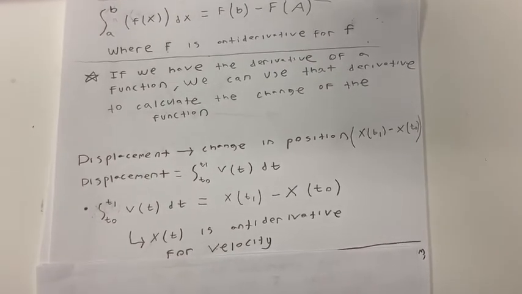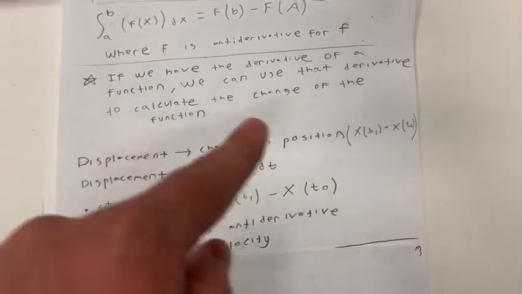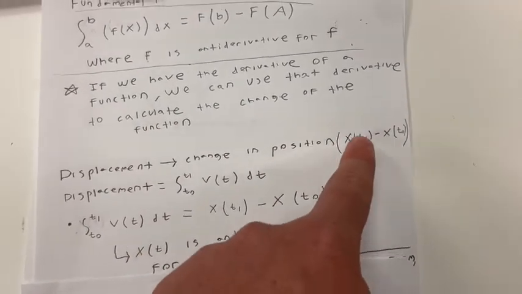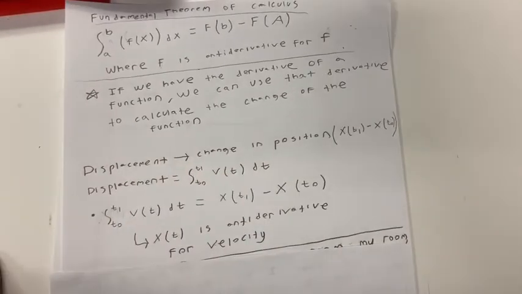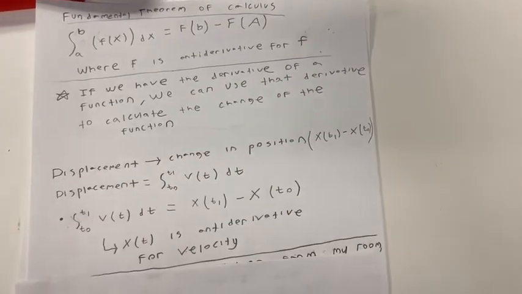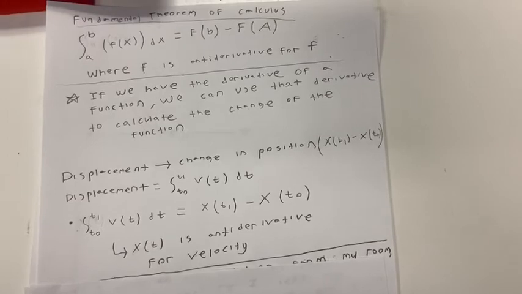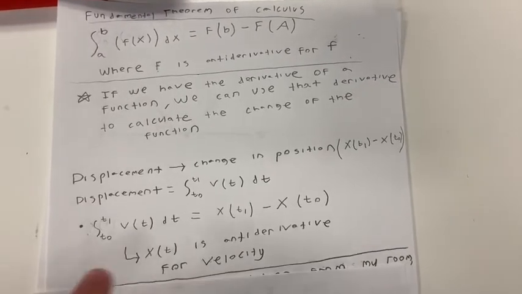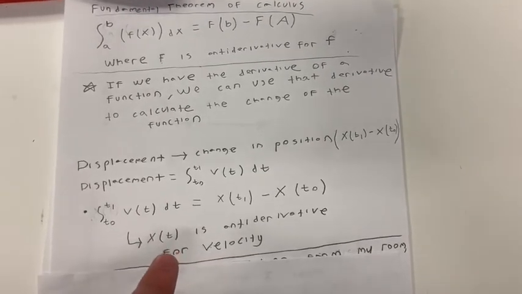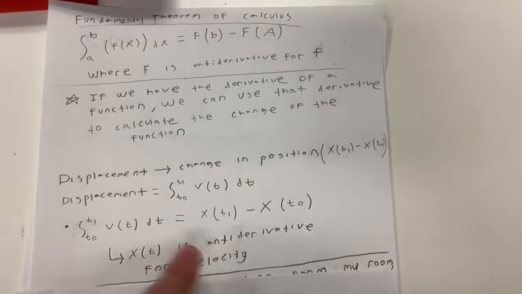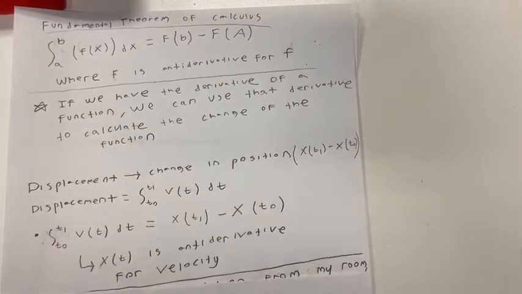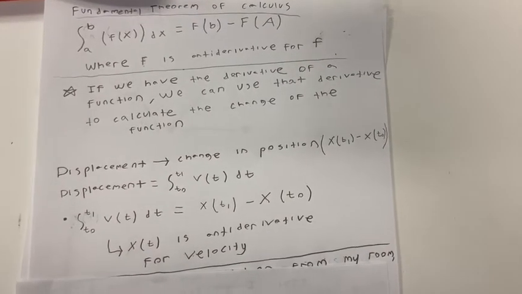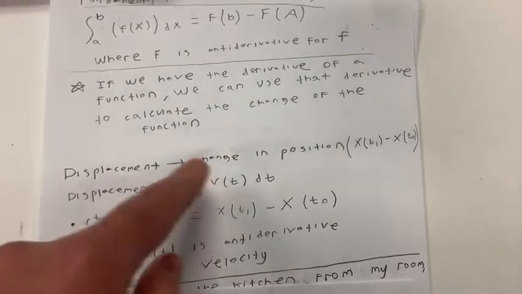So we can set these two things equal to each other, and this looks awfully similar to the fundamental theorem of calculus. We are using the derivative of position, which is velocity, to calculate the change in position, which happens to be displacement. So that is why this formula works.